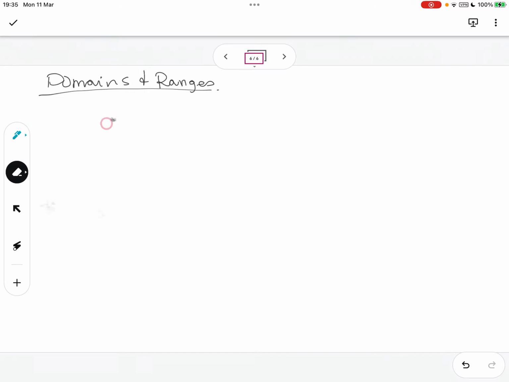I was doing this with a summary today. So you can make yourself a little table like that, right? The domain of a function is the range of that function's inverse.